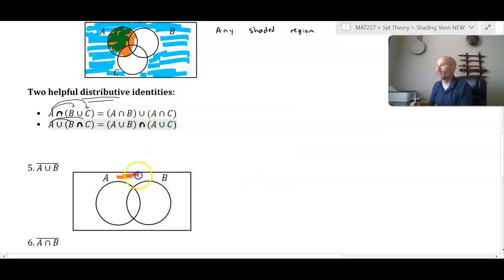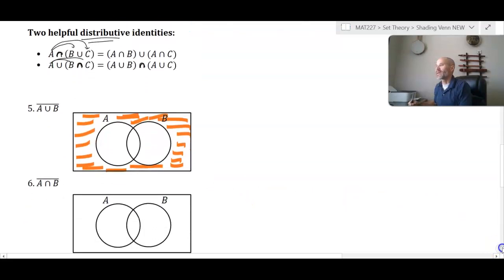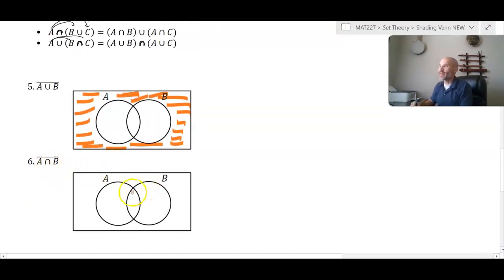So the complement of that would be everything outside of A union B. Okay, similarly, A intersection B is everything in the center portion. So if you are not in the center portion, that means you are somewhere else, right? We don't know where, but if you're not in A intersection B, you could be in just A, you could be in just B, or you could be in neither of those 2 sets.